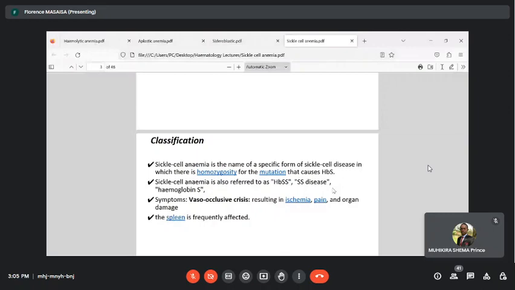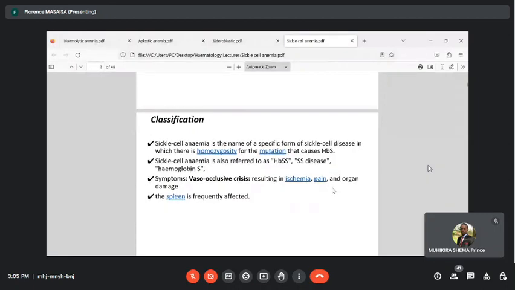They have restricted movement through the blood vessel, and sometimes they may cause vaso-occlusion. By causing vaso-occlusion, they may cause a crisis, which will be reflected by poor oxygen supply to the tissue behind the occlusion, so there will be ischemia, pain, or organ damage if it is taking longer.